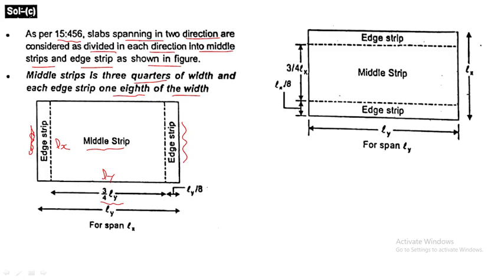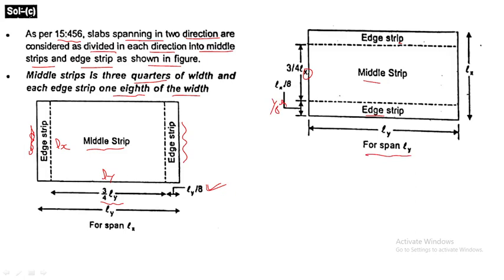You have to remember this from this sketch: edge strip, middle strip, edge strip. This is 3/4 times lx, and this is lx by 8, that is 1/8 of that one. So this is for span ly. You have to remember like this.